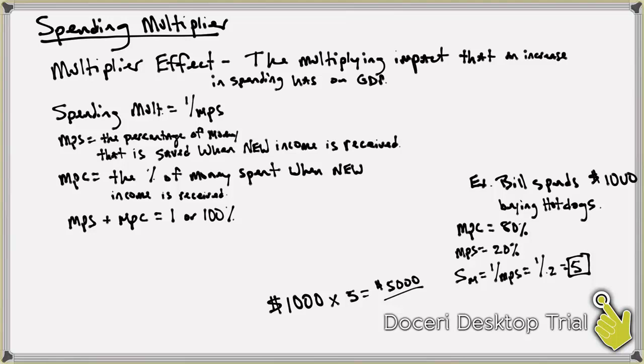Because remember, let's say that this $5,000 then represents the max GDP change. It's the maximum amount that the GDP can change because of the $1,000 that were spent and this multiplier concept.